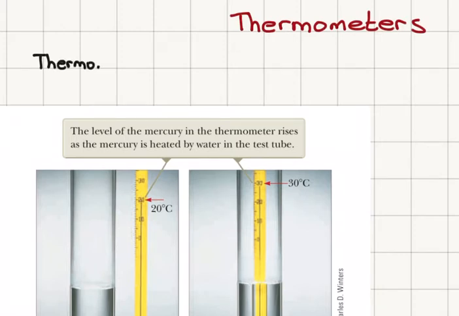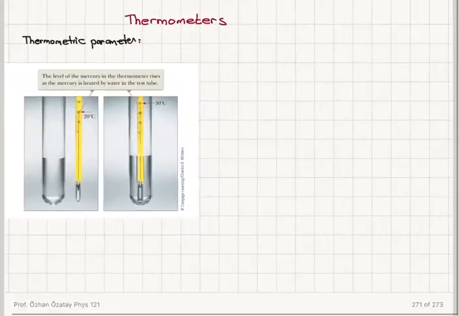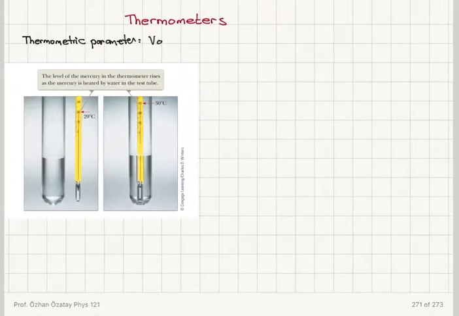The thermometric parameter can be, for example, the volume of a liquid. It can be the dimensions of a solid.